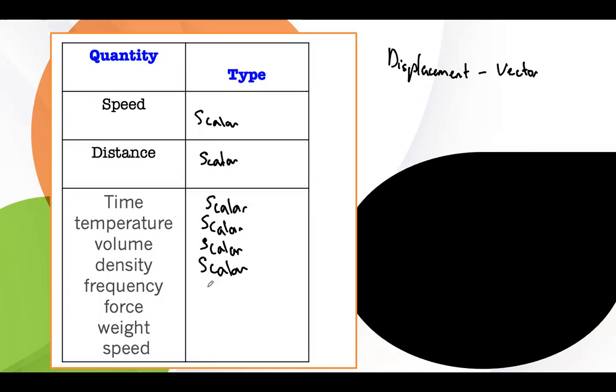So scalar. All right. And what about force? So force is a vector. All right. And what about weight? So weight is also a vector. And we said this is already scalar, and speed a scalar. Exactly. All right, so we can move on then.